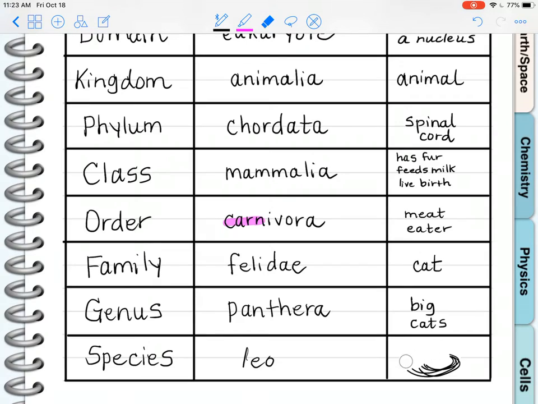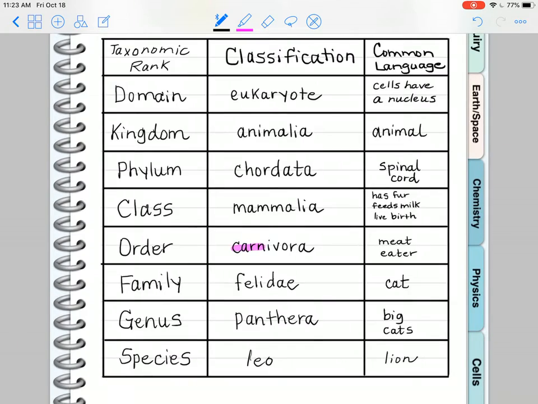What does Leo make you think of? A lion. So the mystery animal is a lion. And I used this process of taxonomy to figure that out. And that's what scientists do. They start with the domain and they work down to the species.